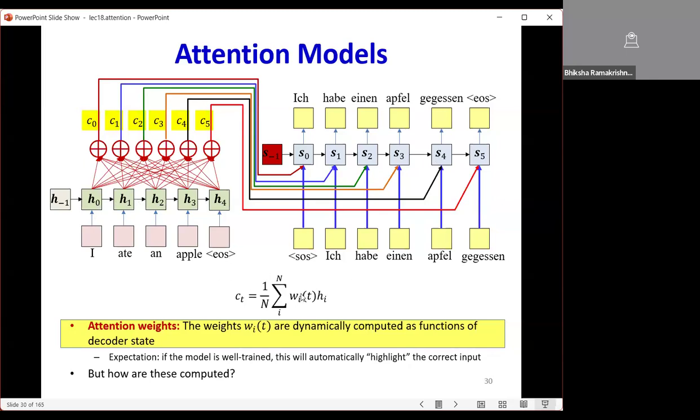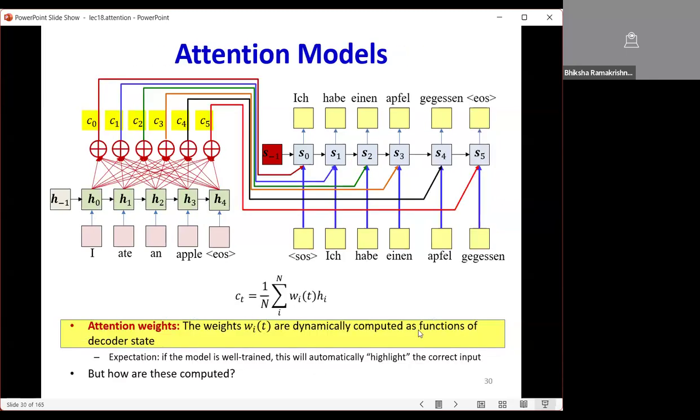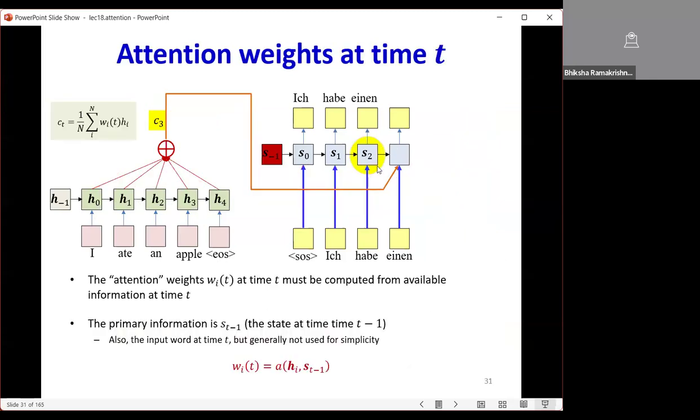So here's how the weight is computed. Ignore the 1/n, that's a bug. This is the key piece: the weights must be dynamically computed as functions of whatever's happening in the decoder. Let's consider what happens when you're generating this output.